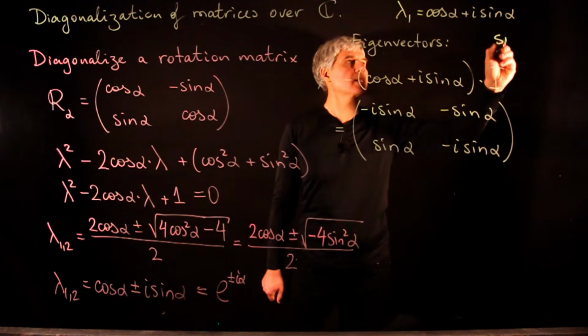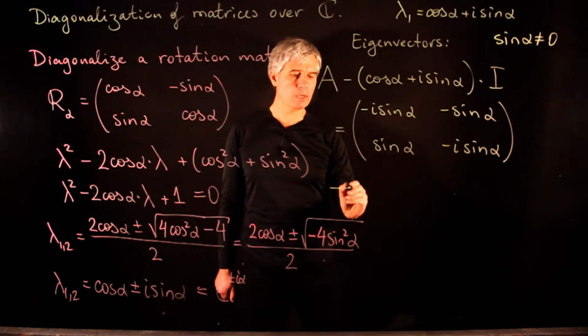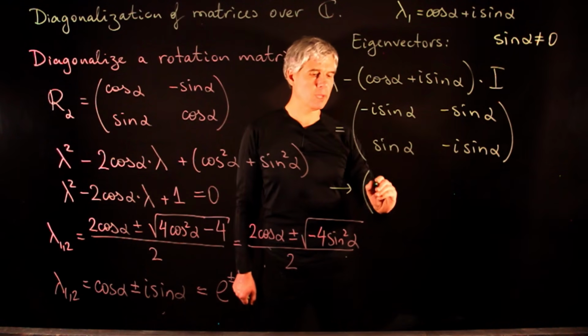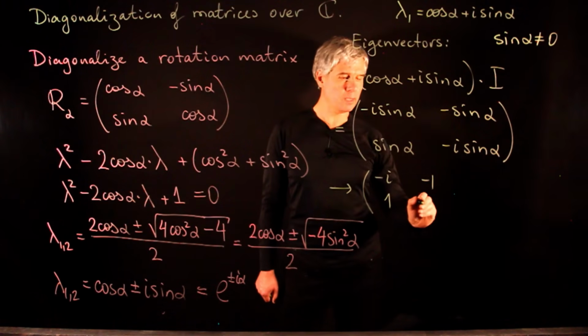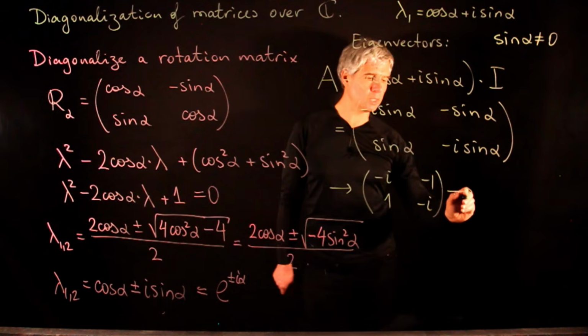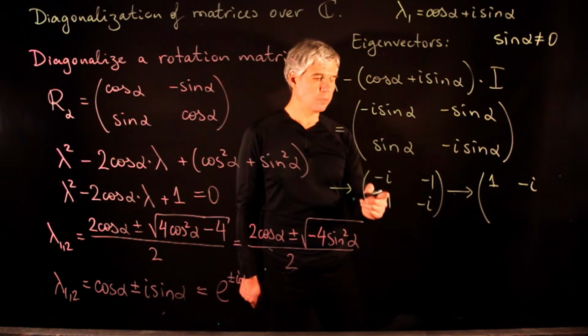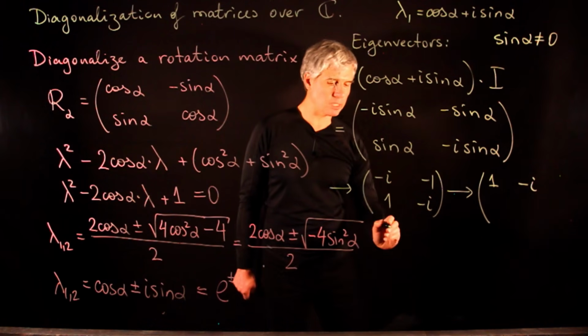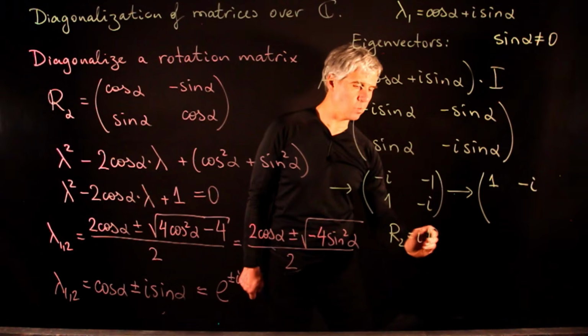If we assume that sin alpha is not equal to 0, then this simplifies to the matrix (−i, −1; 1, −i). And we can see that the rows in this matrix are proportional. So row 2 is equal to i times row 1.